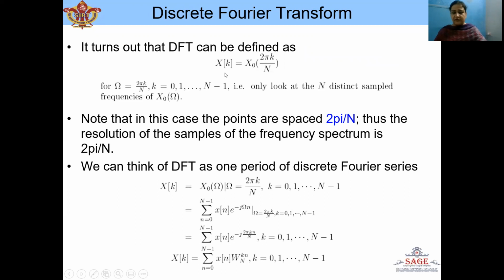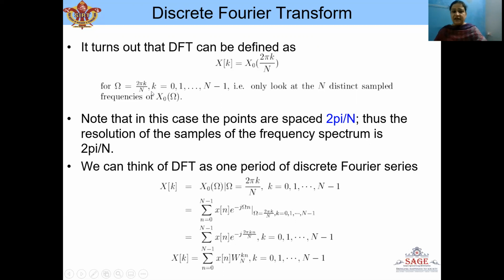For that, we have to do the sampling of the spectrum which is represented by the DTFT. This spectrum is represented by X[k], which will be X(2 pi k upon N). That means here we have replaced omega with 2 pi k upon N, where k has values 0 to N minus 1.